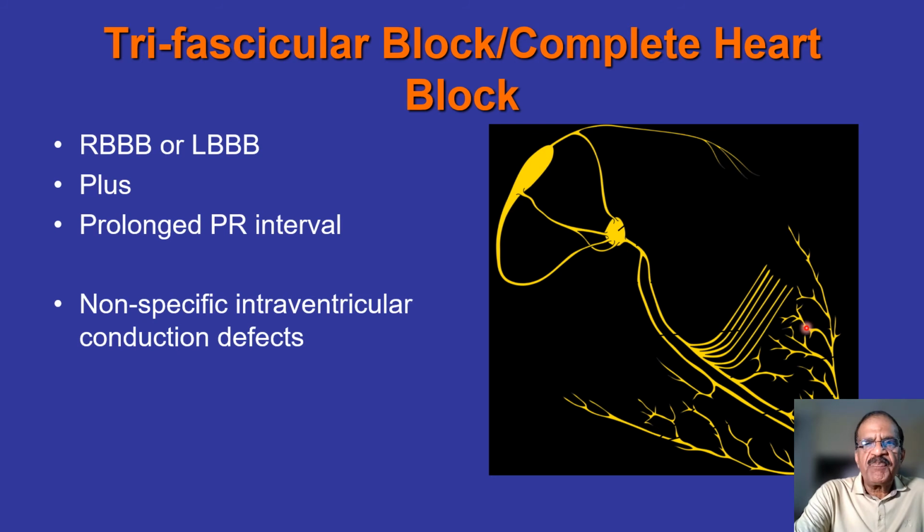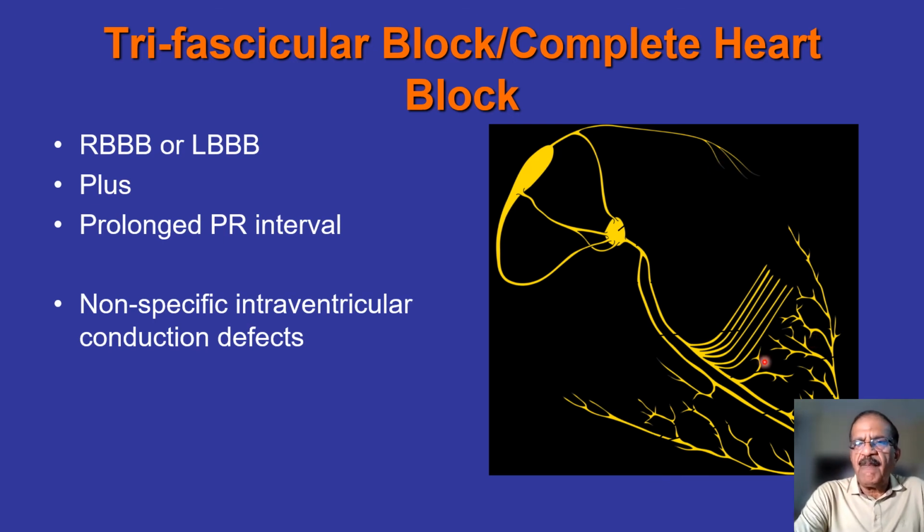In this case, the prognosis is much poorer than a block in the AV node, because block in the peripheral conduction system implies that there is extensive damage to the myocardium. That means there is myocardial infarction, and that actually has inherently poor prognosis.